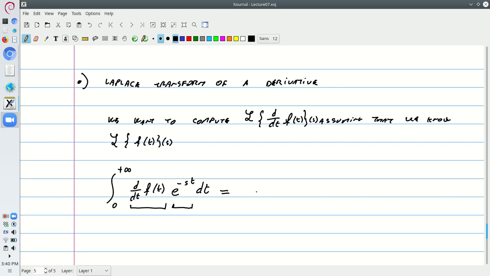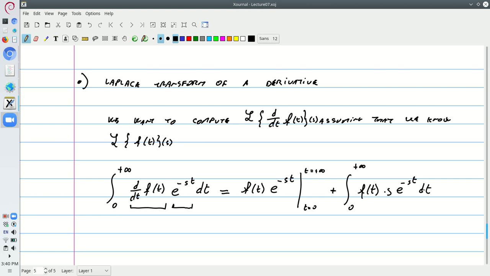This integral is given by f of t exponential of minus st computed from t equal to 0 to t equal to plus infinity, minus the integral from 0 to plus infinity of f of t, and now I have to take the derivative of the exponential of minus st. The derivative with respect to time of the exponential of minus st is given by minus s exponential of minus st dt.